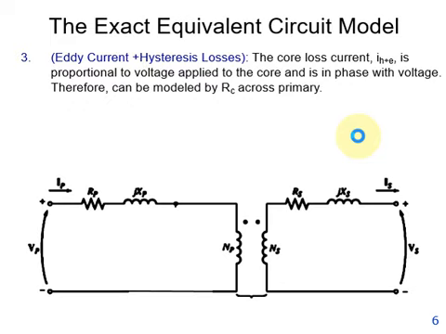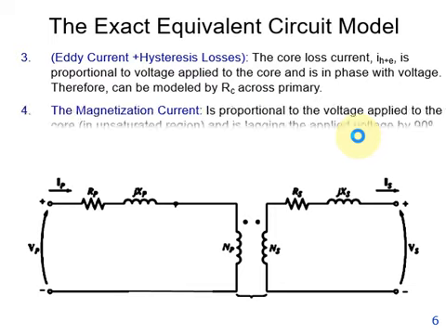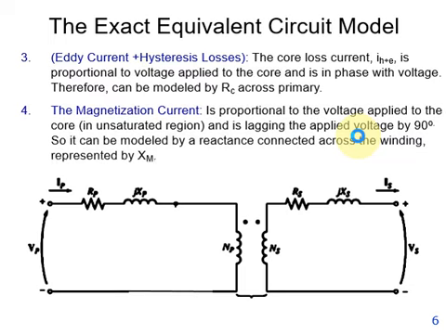The core loss current IH plus E is proportional to the voltage applied to the core and is in phase with the voltage. So this eddy current plus hysteresis losses can be modeled by a resistance across the primary winding.